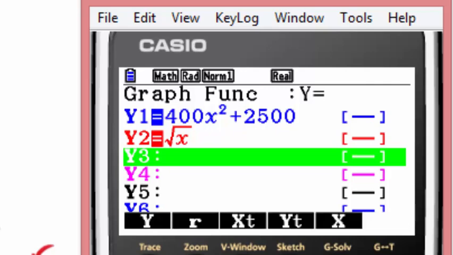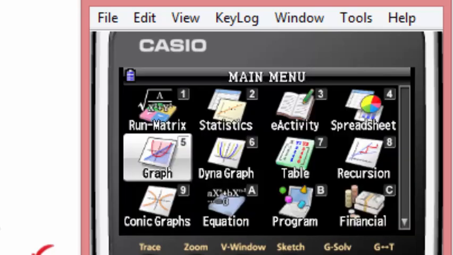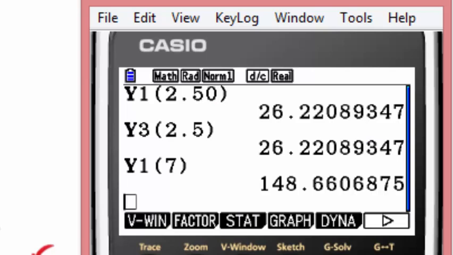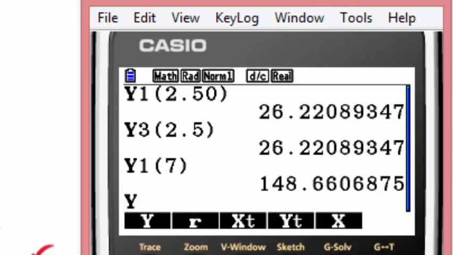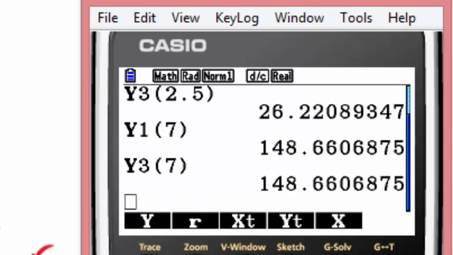Now, I have to think about which function is going to go on the outside. Well, that's going to be my contamination function, which I have in y2, and I'm going to plug into that my population function, which is y1. So then if we go back to our run menu, if I now evaluate my composed function, which is in y3, at 7, we get the same answer.